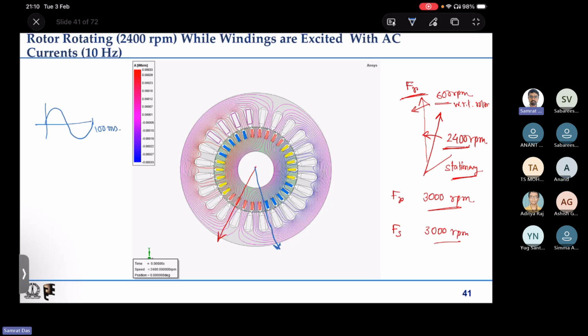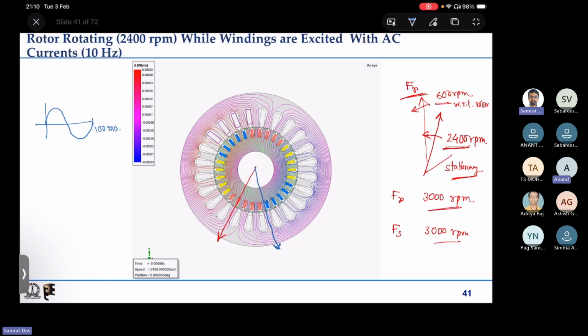Yes. Now I have given excitation to my rotor with the same 10 hertz AC current, and you are saying 2400. Why 2400? How has it been calculated? No, I'm just giving an example.